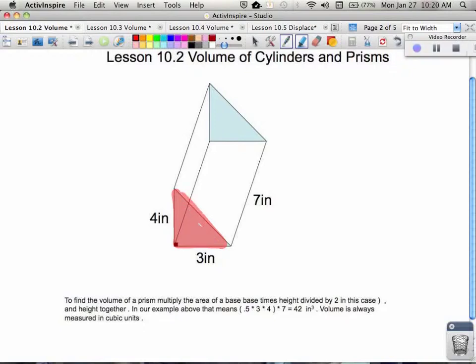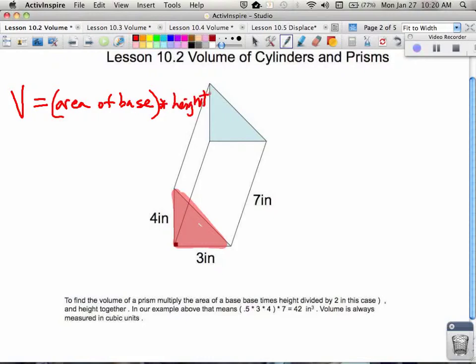In the previous one we said length times width times height, but really it's always the area of the base times the height.